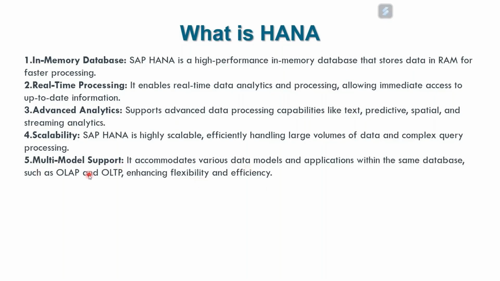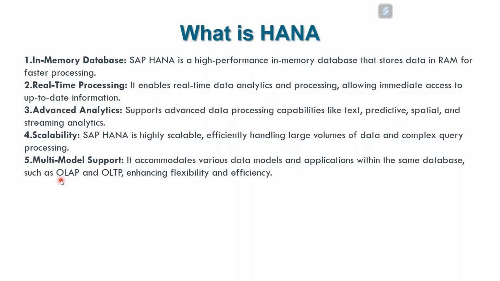Now for those of you who are not aware of OLAP and OLTP, I'll just talk about these two things for a second so that you understand. Online transactional processing means you can make your purchase orders faster, your sales orders faster, your invoices faster. And online analytical processing is your reports faster. You want to see the list of all your employees, go ahead, do it in a second.